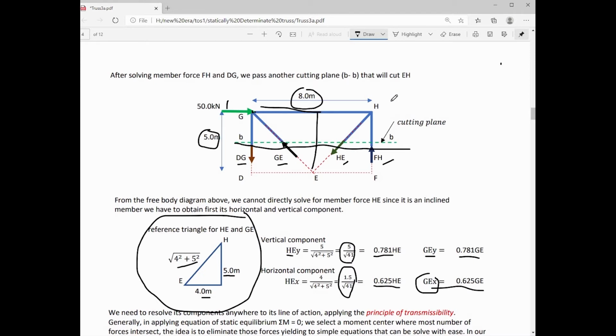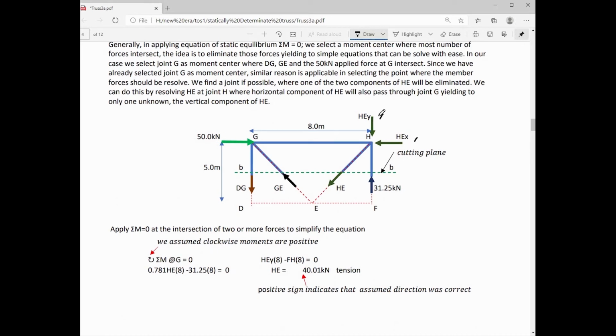It is now logical to resolve HE at joint H such that the horizontal component of HE will pass through the moment center, thus it will not create moment, and only the vertical component will create moment with respect to joint G. Of course, we can obtain the same result if we resolve HE at joint E, vertical and horizontal component, and apply summation moment at joint G, but we cannot eliminate the horizontal component if we resolve HE at joint E. The reason why I have stated that it is more logical to resolve HE at joint H such that the horizontal component will pass through point G, our moment center, is that it will not create moment at that point. Here is now the horizontal and vertical component of HE.